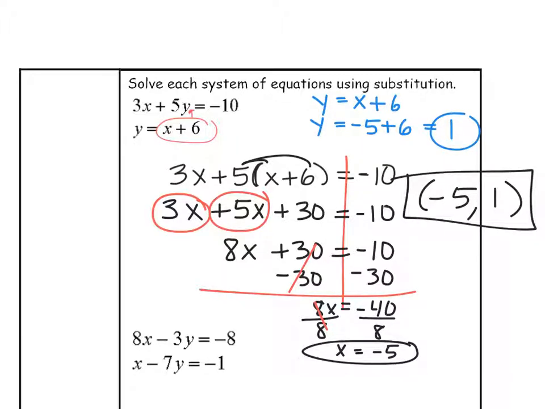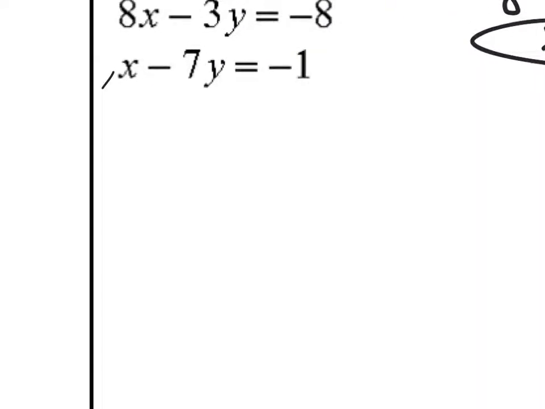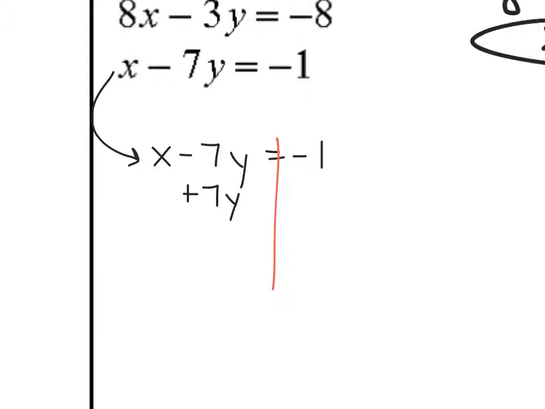-5, comma, 1. We're going to solve this second equation here. I'm going to maybe rewrite it. X minus 7y equals -1. I know. Thank you. We're going to add 7y, because that'll make it just x equals something.